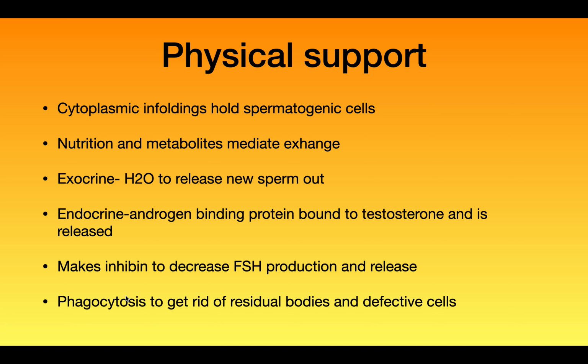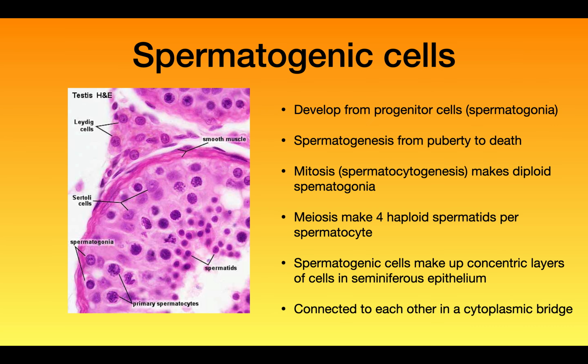Of course, the cytoplasmic enfoldings literally cup the cells, and nutrition and metabolites are exchanged. There are also inhibins that are created that decrease FSH production and release, in order for the right amount of sperm cells to be created and to mature. And then there's of course phagocytosis to get rid of residual bodies and defective cells.